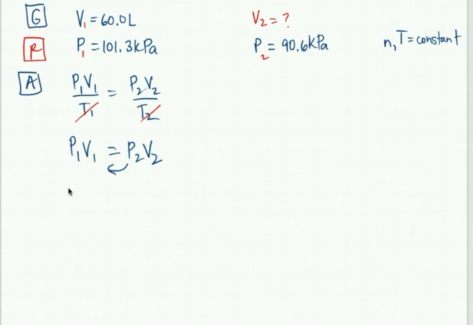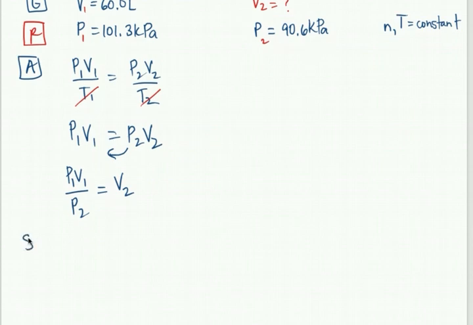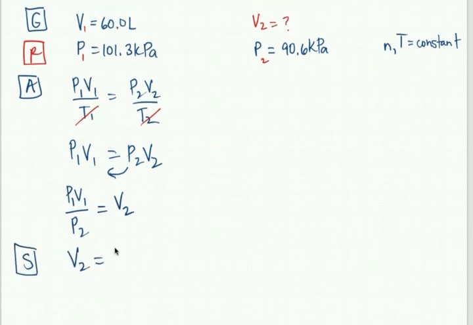Right now it's multiplied, so when I move it, it's going to divide away. And there's my V2. All right, so let's go through and solve this. The second volume is found by taking the pressure of the first one and the volume of the first one and dividing by the pressure of the second one.